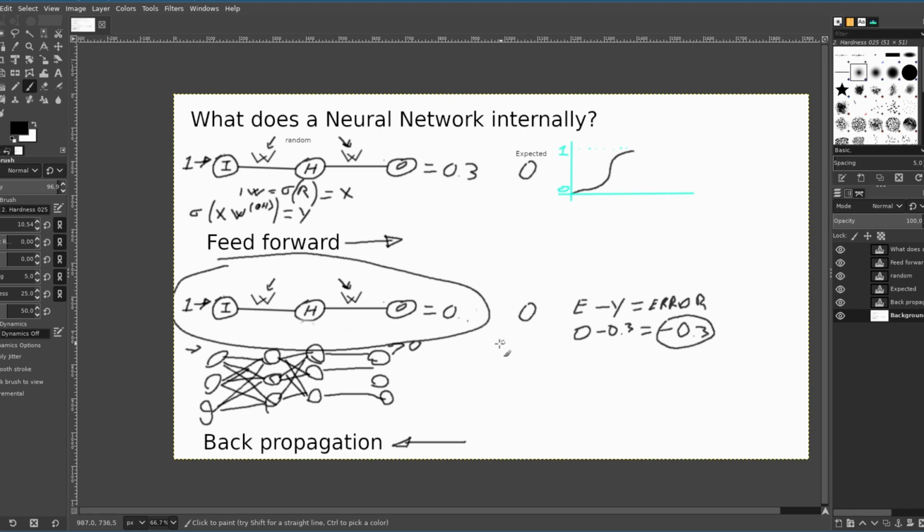Then the error is calculated again, and the error is backpropagated in this direction, changing all the weights of the connections between them. And yes, that's it, that is what happens inside the neural network. Now, the idea to answer this question, what does a neural network do internally? I want to show this.